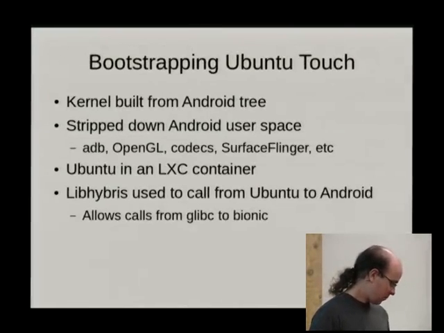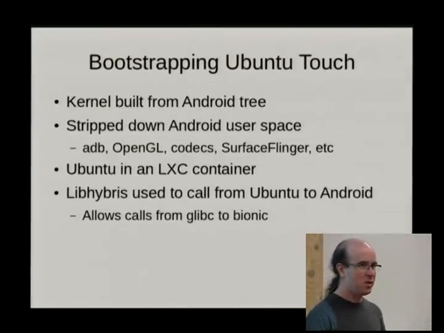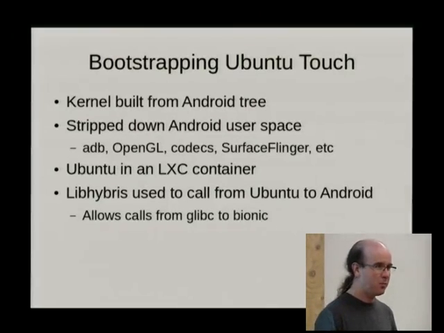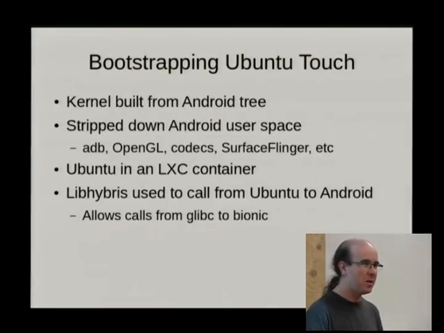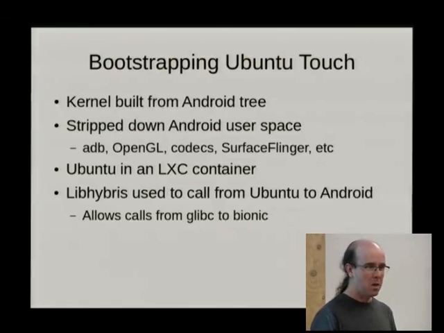So for Ubuntu Touch, when we were bringing this system up, it started off with a stripped-down Android system. When I say stripped down, it's removing most of the stuff which you would think of as Android.